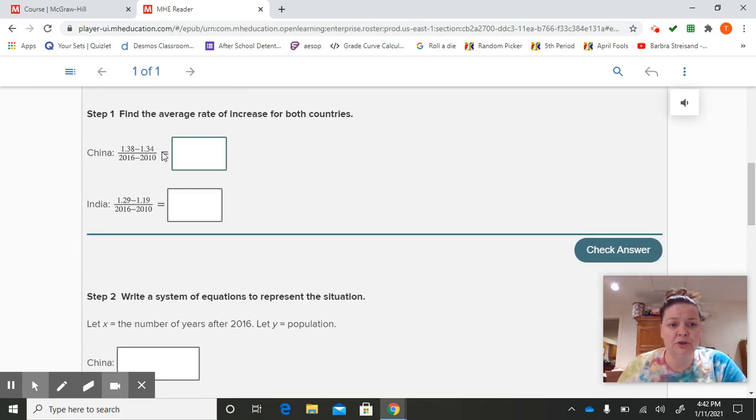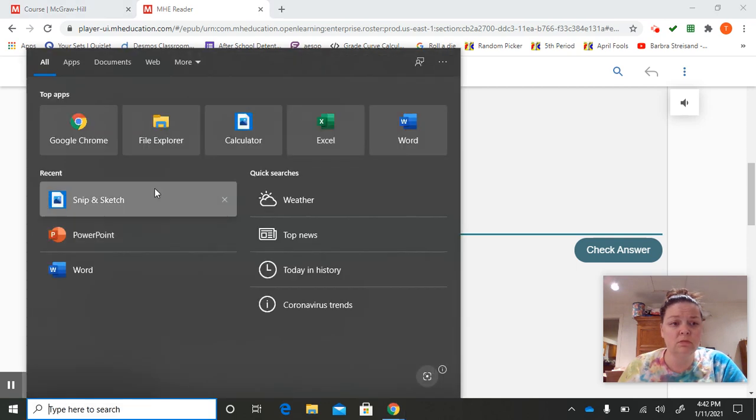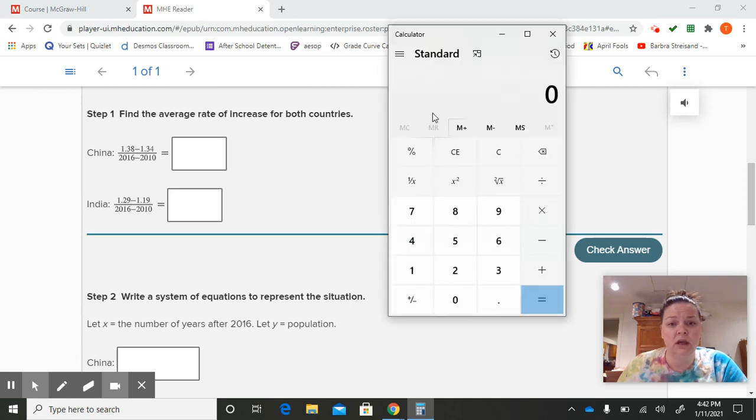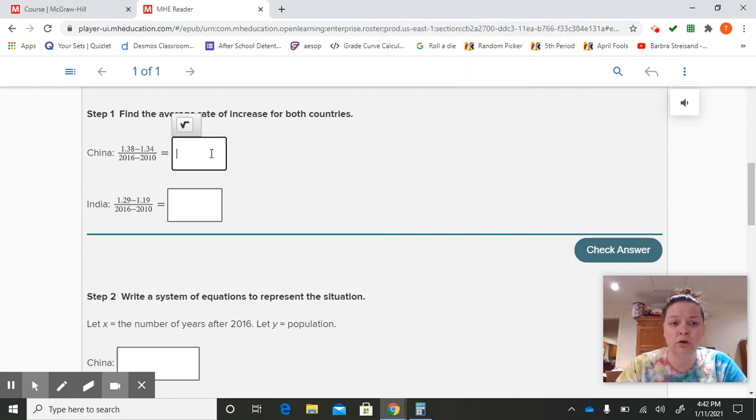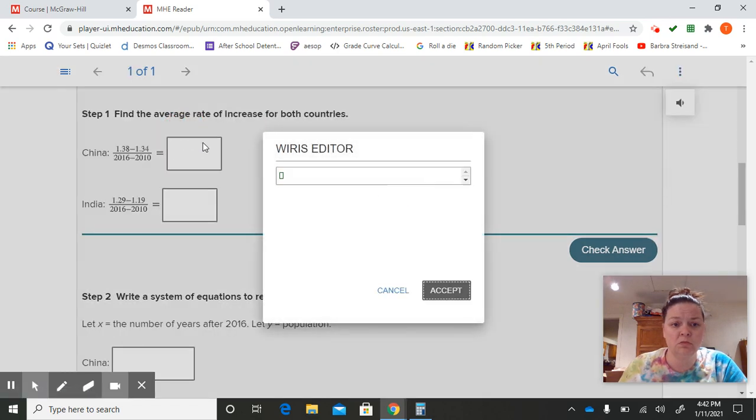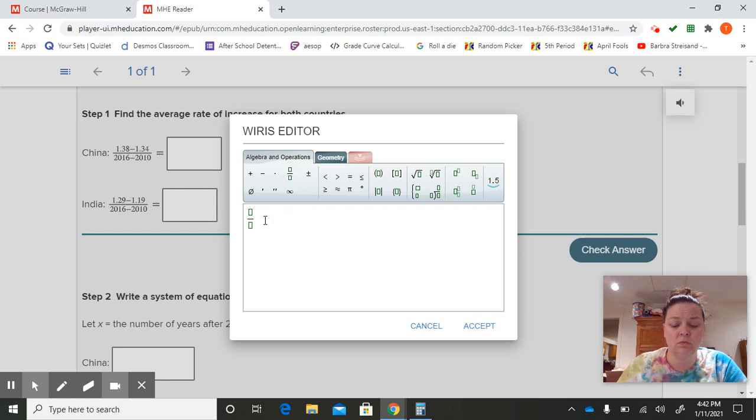Okay, so what is our solution? Here we have the slope for China and the slope for India. We've got 1.38 minus 1.34, which is 0.04, and then 2016 minus 2010, which is 6.